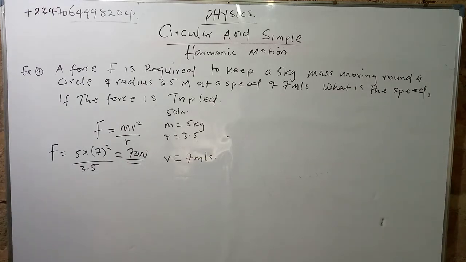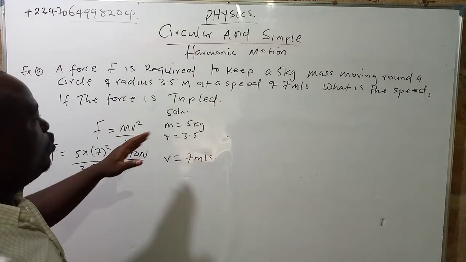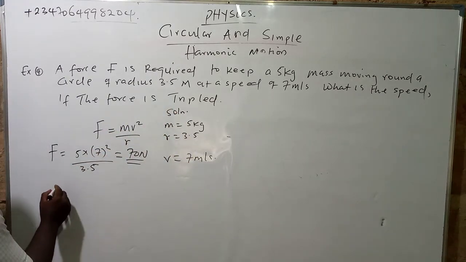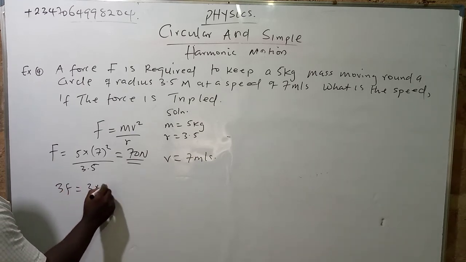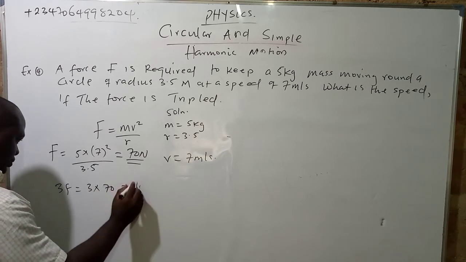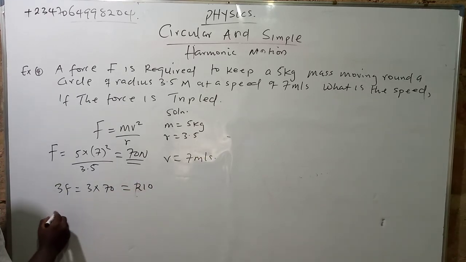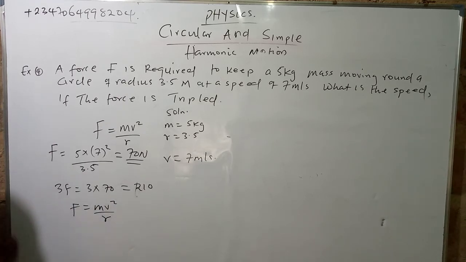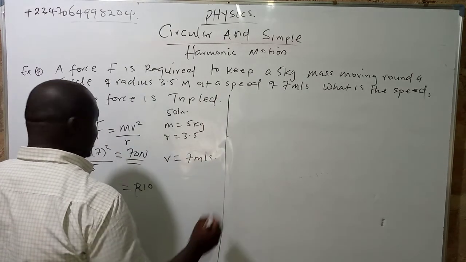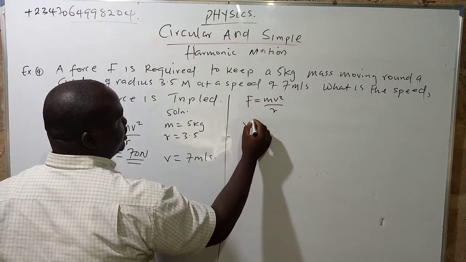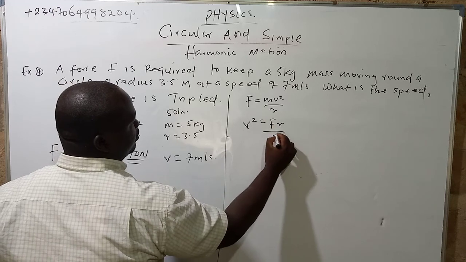Now, they ask what is the speed if the force is tripled? So all you need to do is take 3F, which is 3 times 70, and that should give you 210. They want us to calculate the speed when the force is tripled. From F equals mv squared all over r, v squared is equal to Fr all over m.